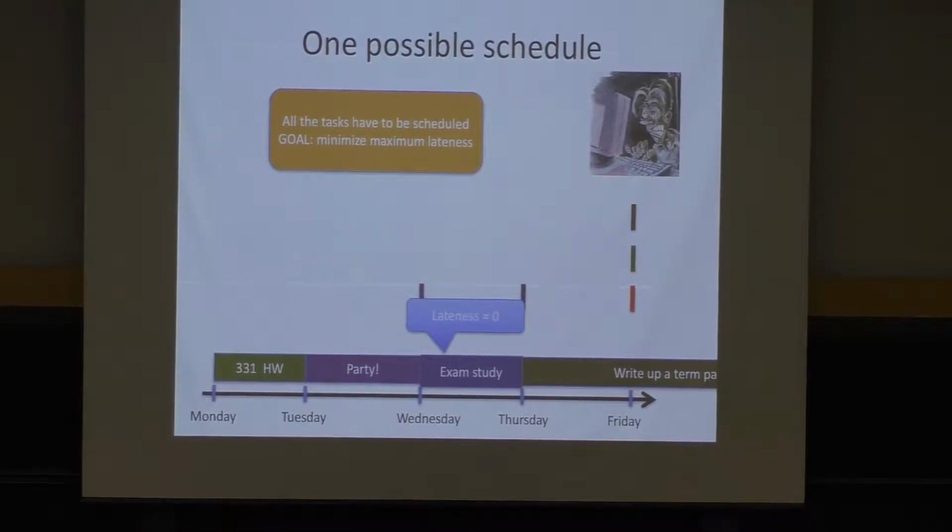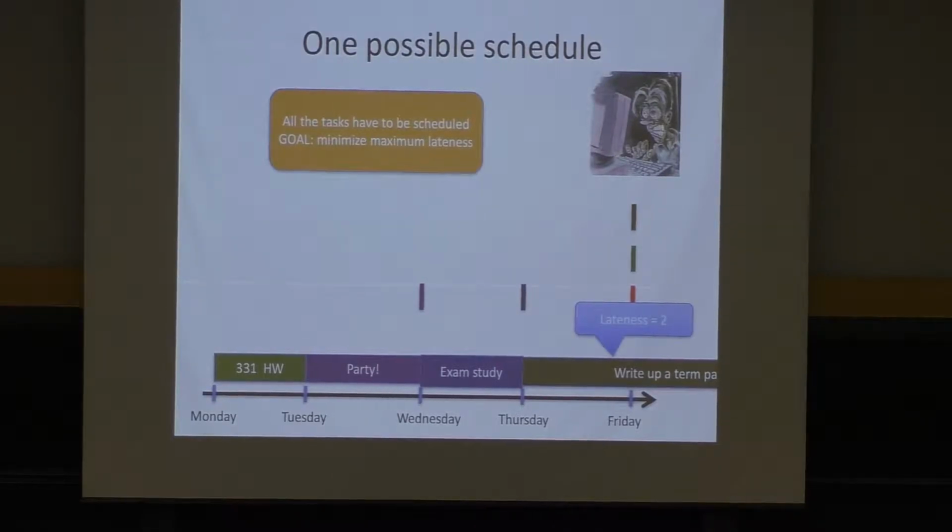Again, exam, you just managed to finish by the deadline, so that's not late again. Unfortunately, the term paper, you went over 2 days. So the lateness of that is 2. And the way we are going to evaluate a schedule is the maximum such lateness of all jobs. Okay. So in this case, the maximum lateness of this schedule is 2.